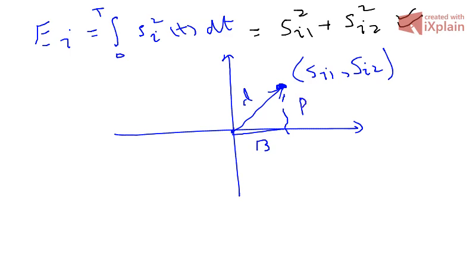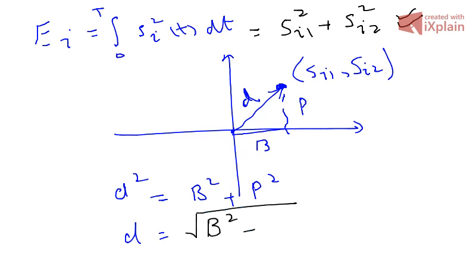So if this is your point, you have d squared equal to b squared plus p squared, and you can always find d.